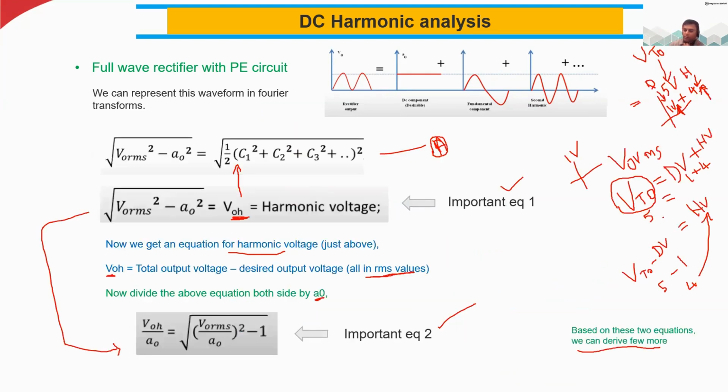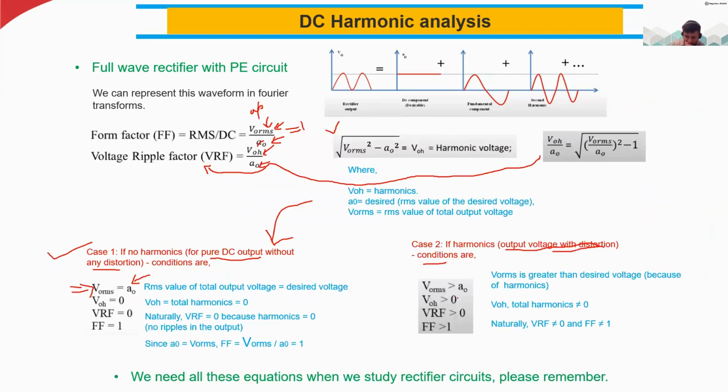We will go to this example again. The total output voltage is greater than the desired voltage, because now the total output voltage is 5 volt, but we want only 1 volt as the desired voltage at the output. So this 5 volt is greater than this 1 volt. That is what I mentioned here. VORMS is greater than A naught.